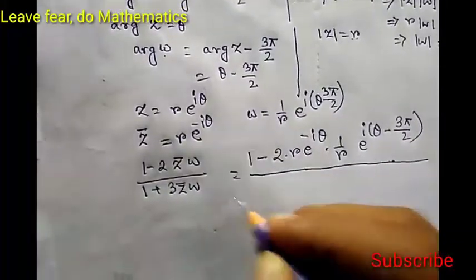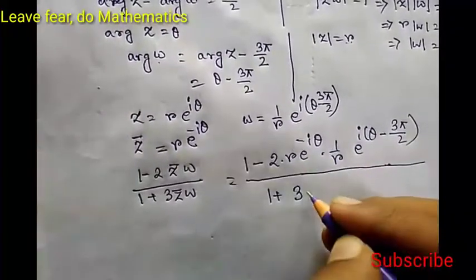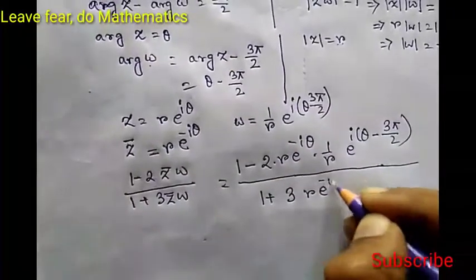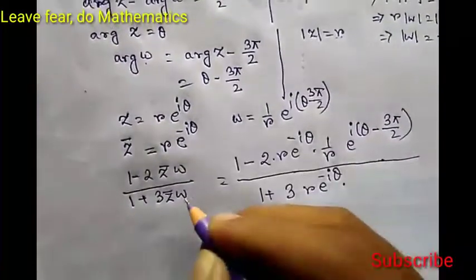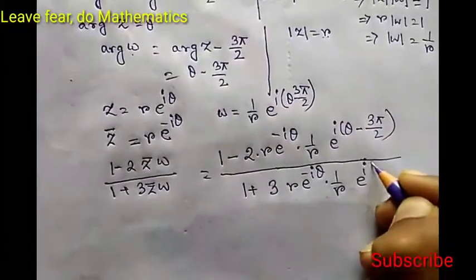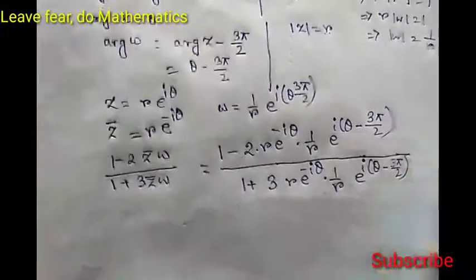Similarly, the denominator gives 1 plus 3 times Z bar, meaning R e to the power minus i theta, times W, which is 1 over R e to the power i times theta minus 3 pi by 2.